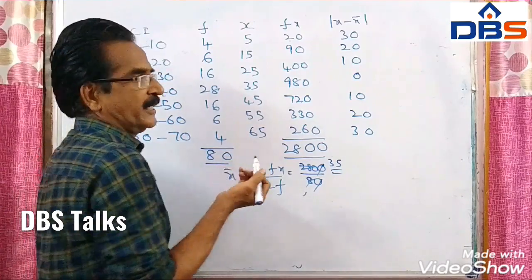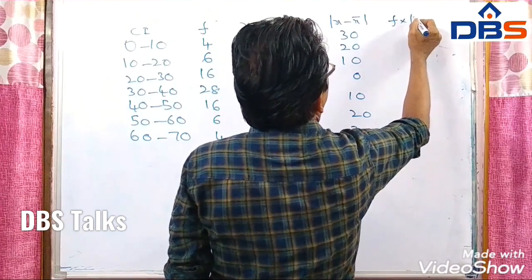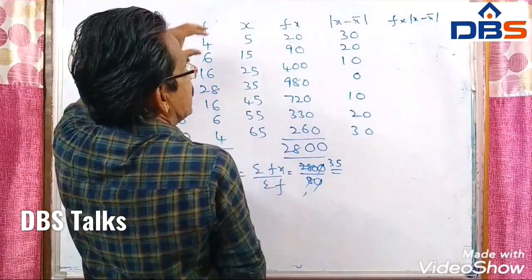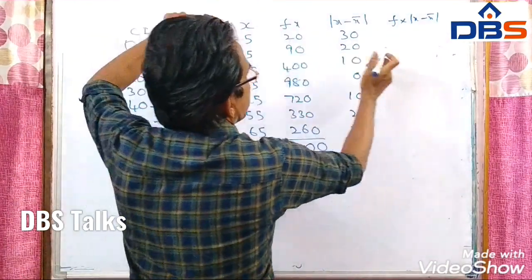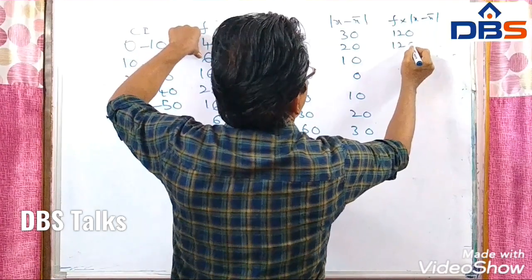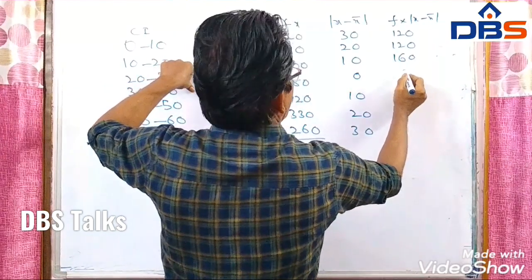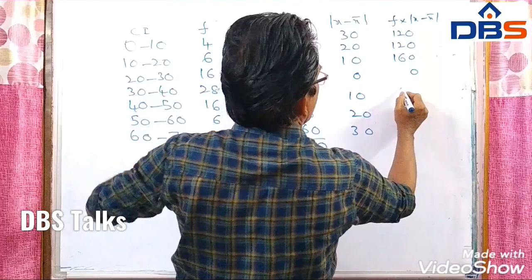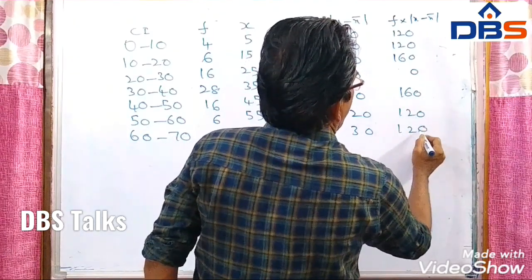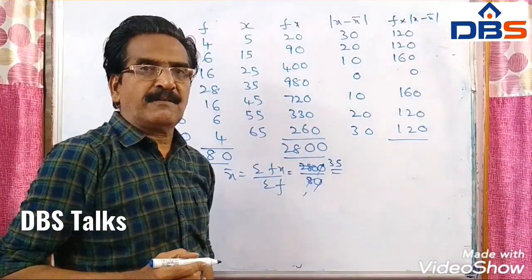The next step is f into mod x minus x bar: 4 30s are 120, 6 20s are 120, 16 10s are 160, 0, 160, 120, 120. So these are the f into mod x minus x bar values, friends.